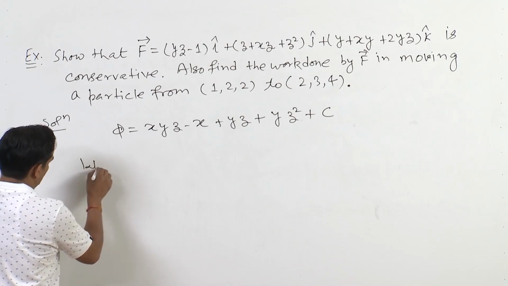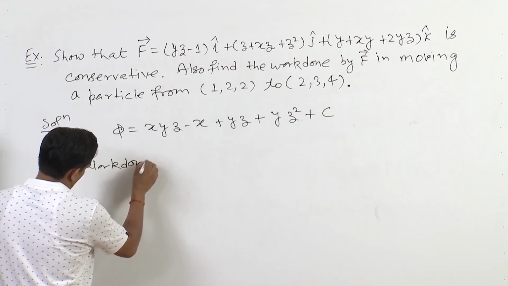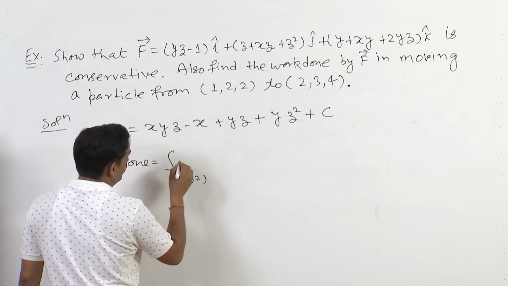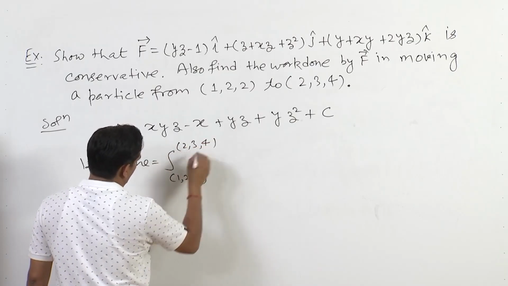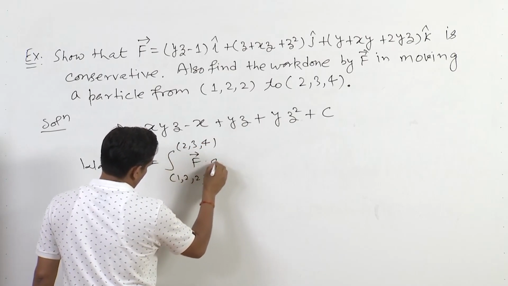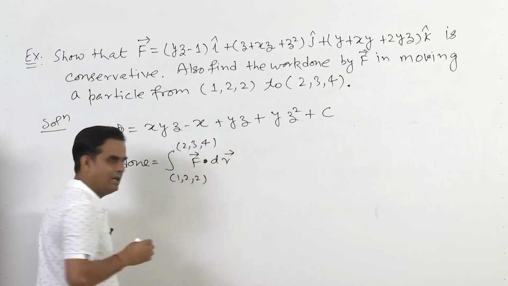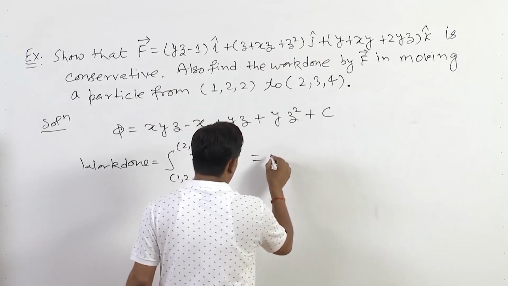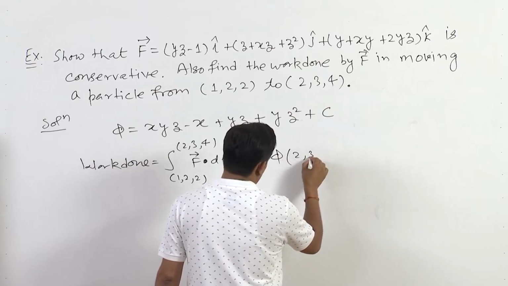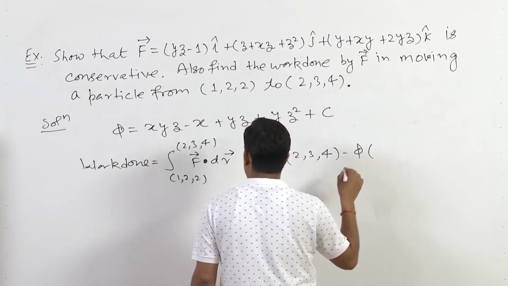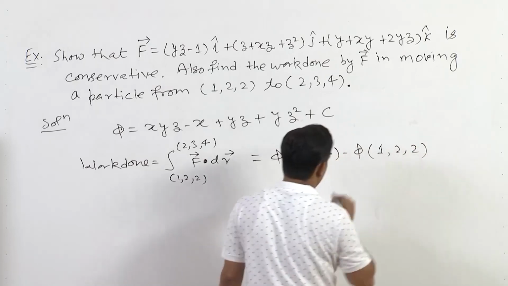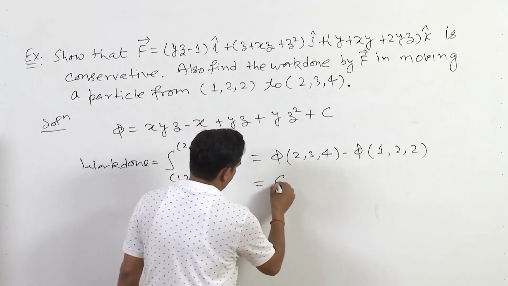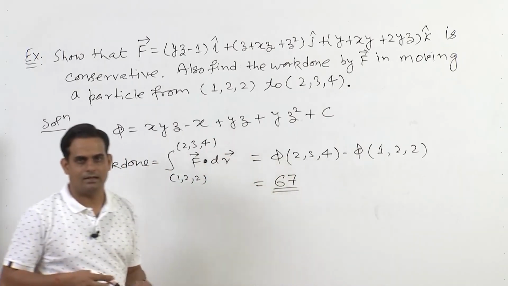Now, work done is the integral of F dot dr. Here the curve is not given, but just now we have proved that it will become phi of 2, 3, 4 minus phi of 1, 2, 2, since F is a conservative vector field, and this comes out to be 67.